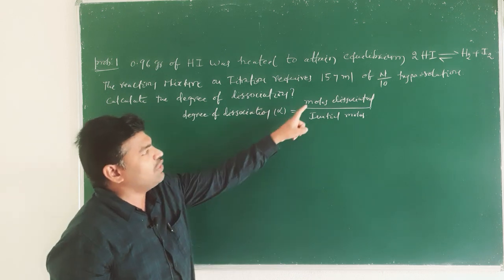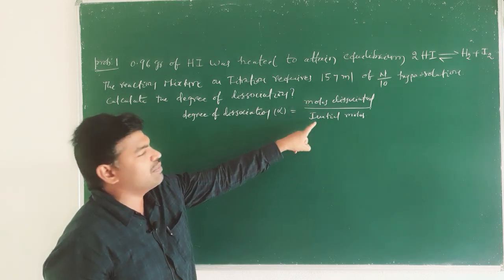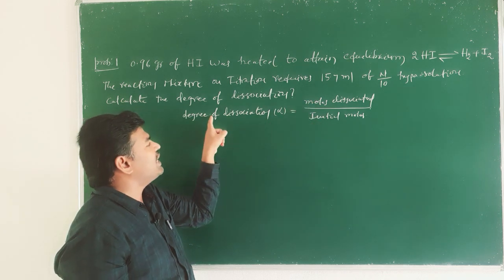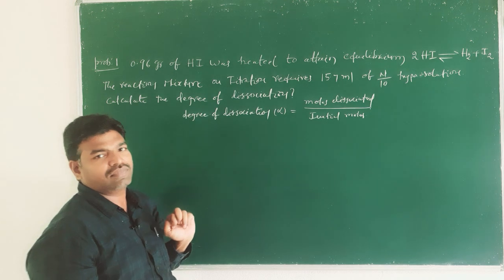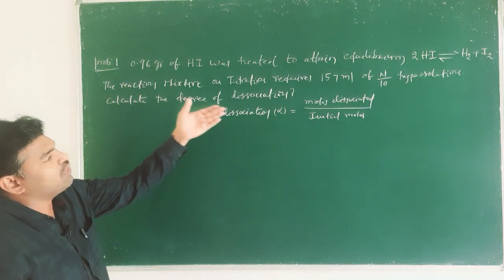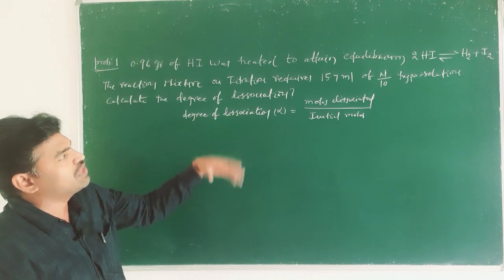By calculating the moles dissociated and the initial moles and substituting in this fraction, we can get the degree of dissociation alpha.